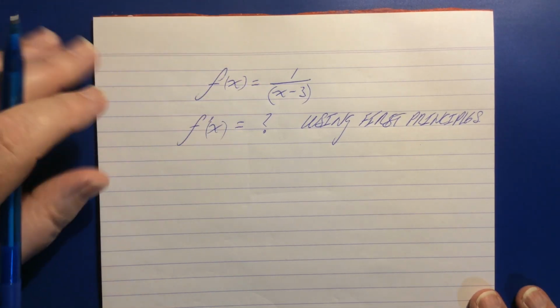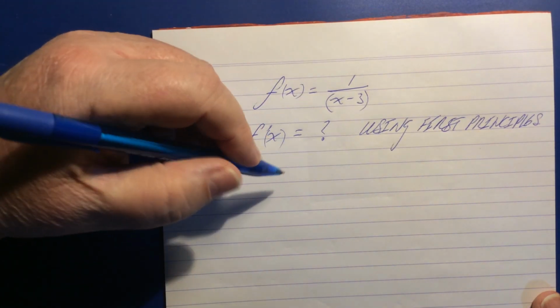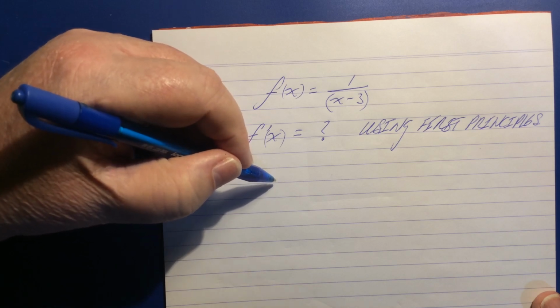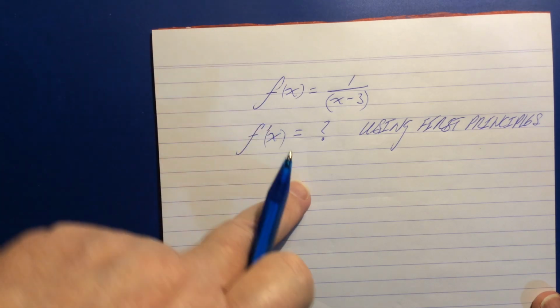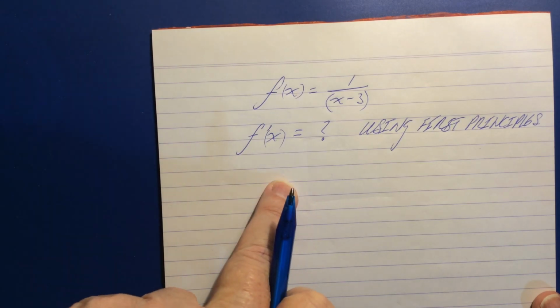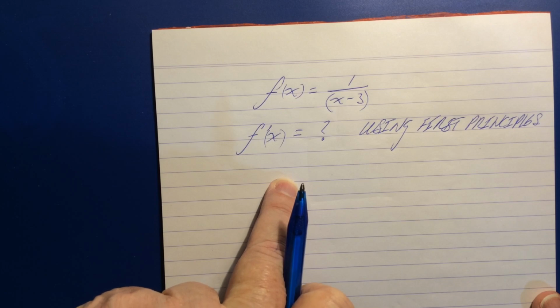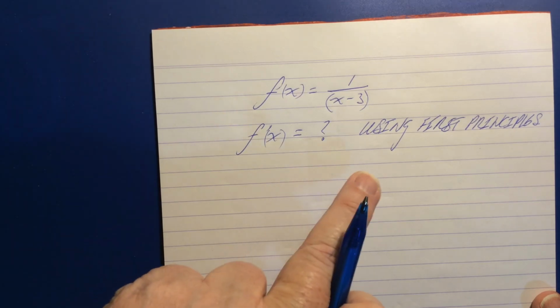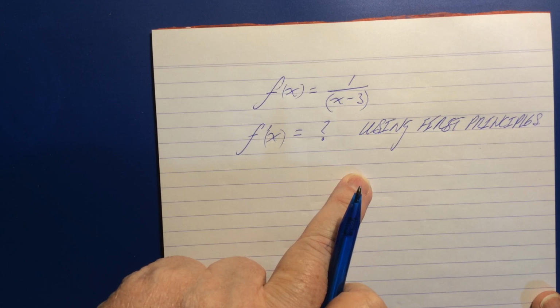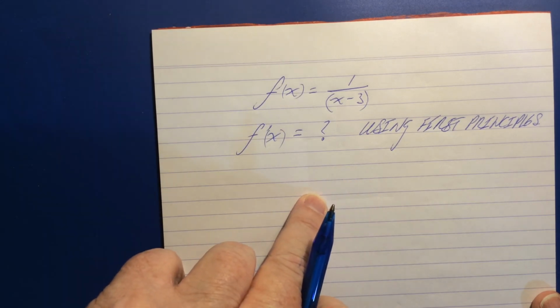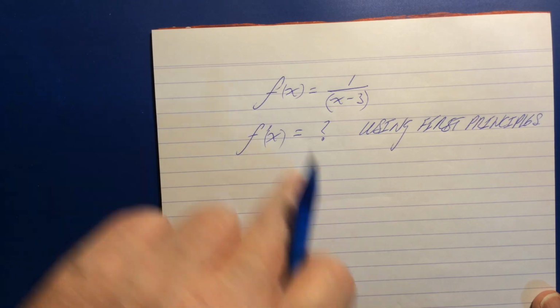So the first thing we've got to figure out, well, actually no. Remember that what we are looking for is f of x plus h minus f of x over h as h tends to 0.